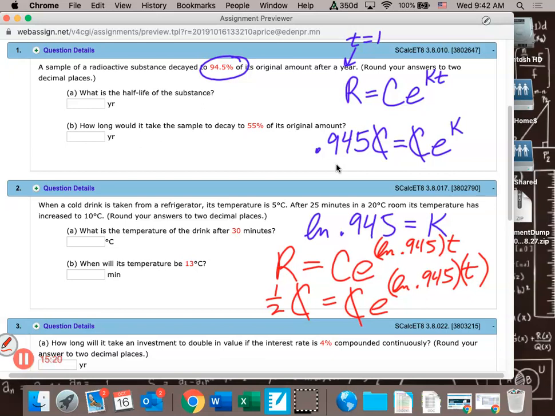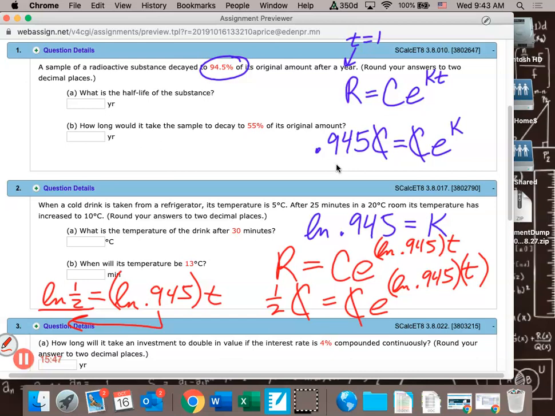So whenever you have an e equation, what do you do to both sides? ln. So we have ln of a half equals ln of 0.945 times t. How do I solve for t? Just divide, right? So it's just ln of a half divided by ln of 0.945.